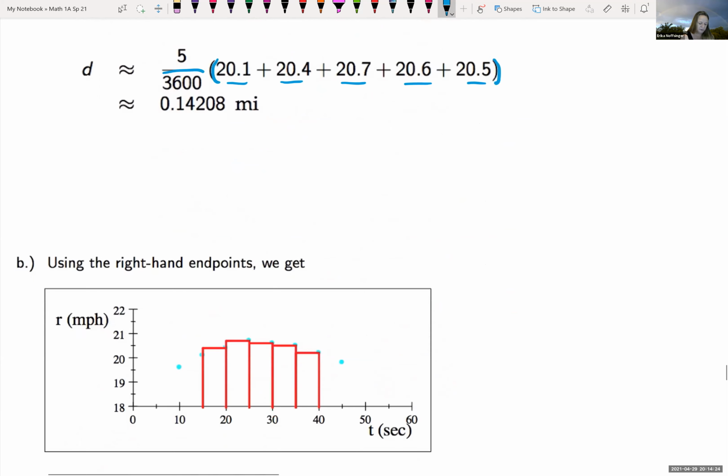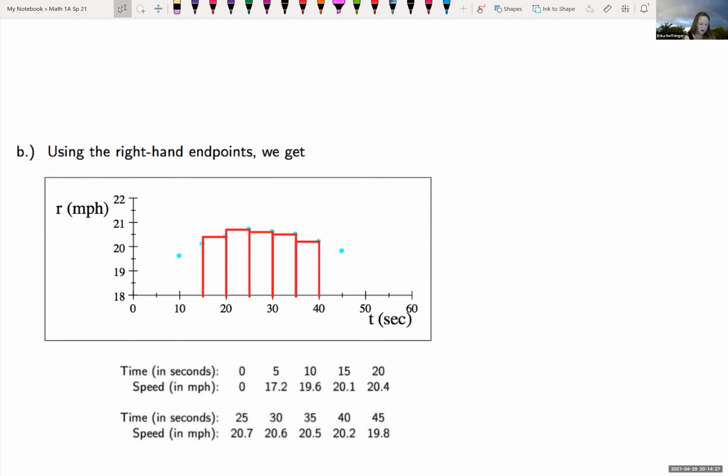So you would want to do the same thing to find the right-hand value, but this time when you split up your graph, we're looking at the right-hand side. So again, at 15, the right-hand side is going to give us the height. So the first one is going to be at 20, and we get that's 20.4.